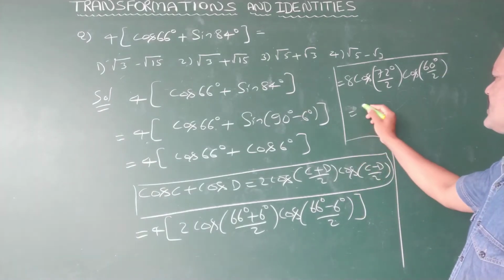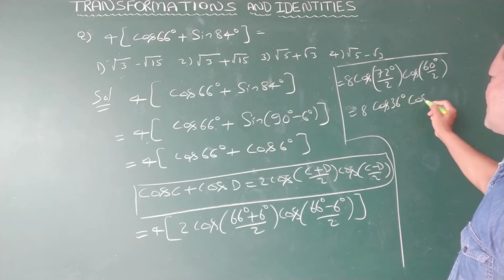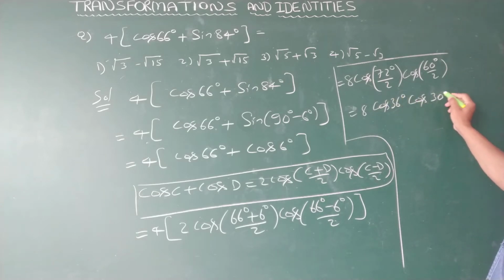That's why this is 8 times of cos 36 degrees into cos 30 degrees.